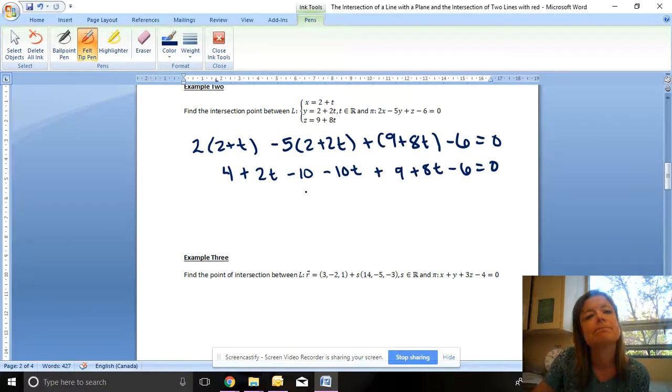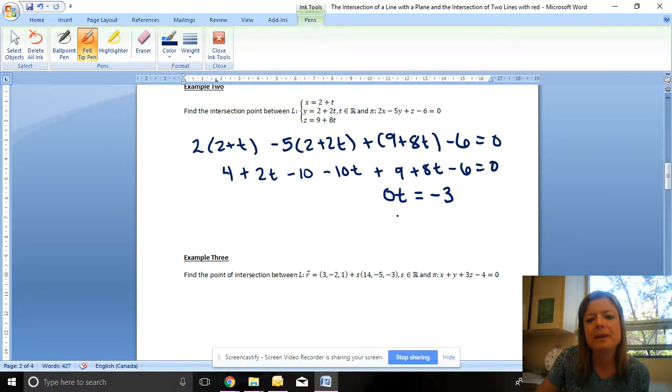Sorry, my bad, the constants don't cancel each other out, the constants get to negative 3. So what you result in here is 0t equaling negative 3. Basically, the coefficients, the 2 minus the 10 plus the 8, go away. So t essentially goes away, but we write it here with a coefficient of 0. And then the constants get to 3, so when you move it to the other side, it's negative 3.